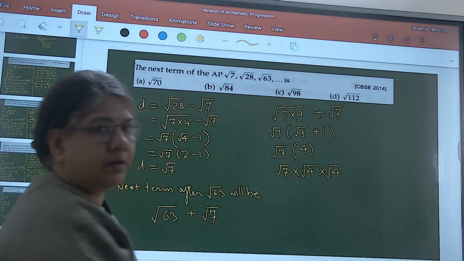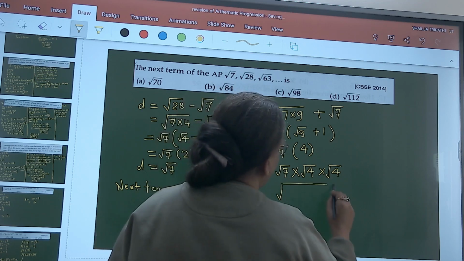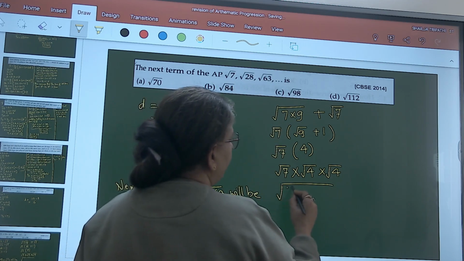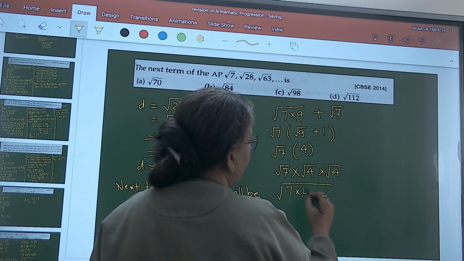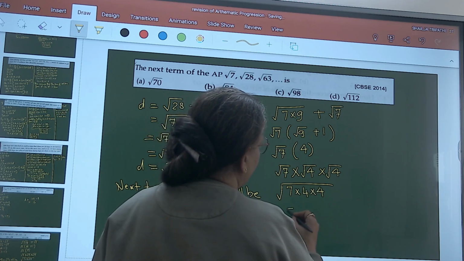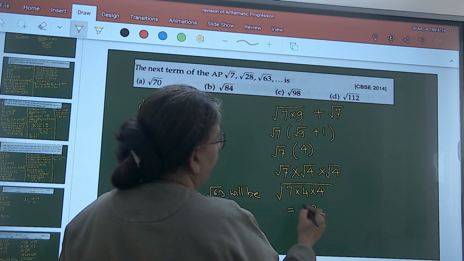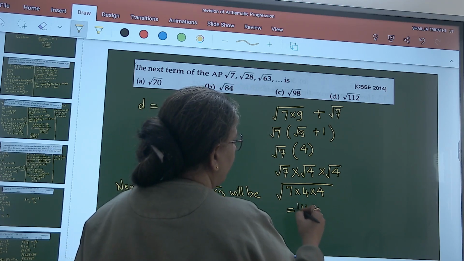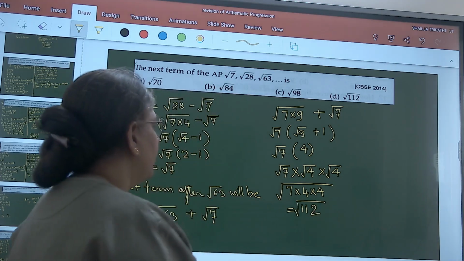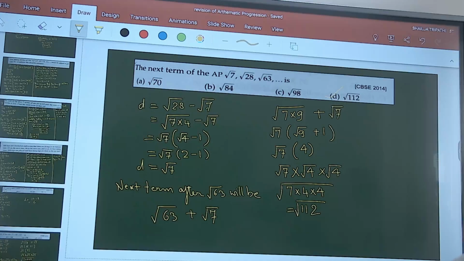All the root signs can be replaced by a common root sign and we multiply the values. 7 into 4 into 4. And we get the value under root 112. So option D is the correct answer.